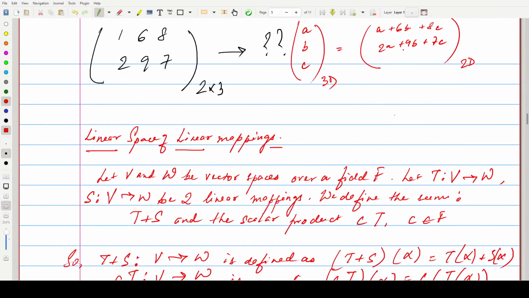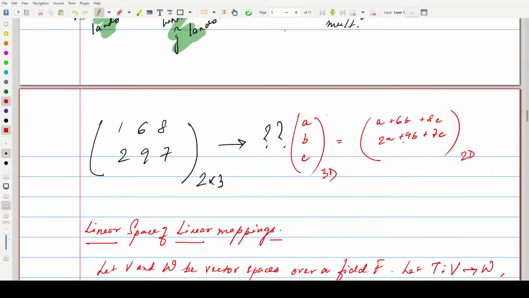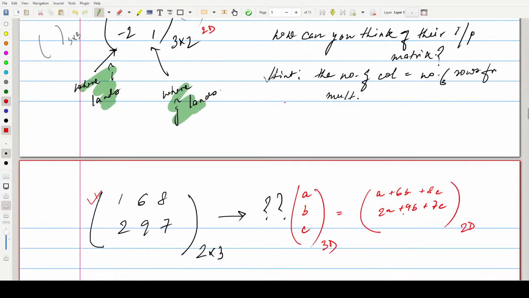Okay, so we've reached a point where the previous one, verify, yeah. The previous one in the sense that this matrix. Yeah. Okay, so we have a 2 cross 3 transformation. So this is our transformation, right?